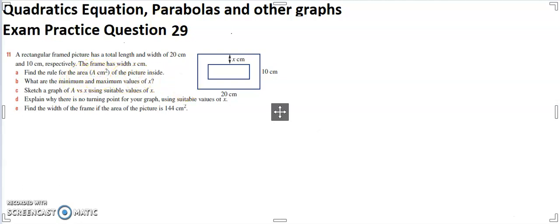So the picture inside is this yellow area right here. To do that, we can see the width is the whole of 10, and we're minusing x on both sides, and the whole length is 20, and then we've got the width of x on both sides. So that tells me that with our area of a rectangle, it's base times height.